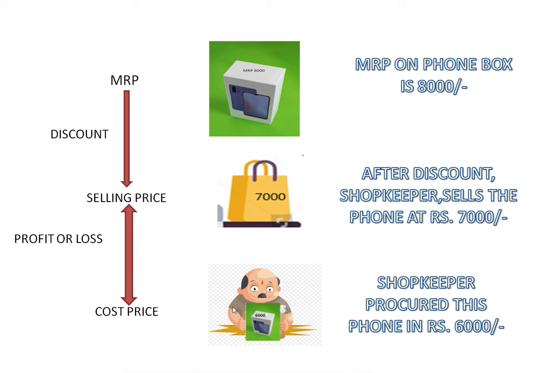So the next element is the cost price. Cost price is the price at which the shopkeeper procured that item. So if selling price and cost price are given, then in a profit and loss question we will be asked about the percentage of profit and loss.